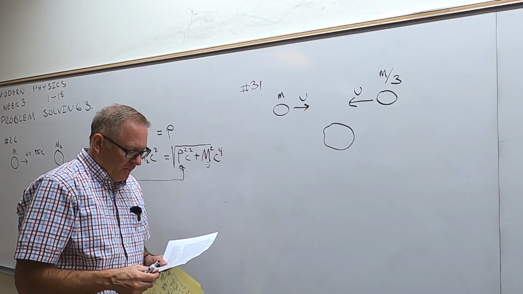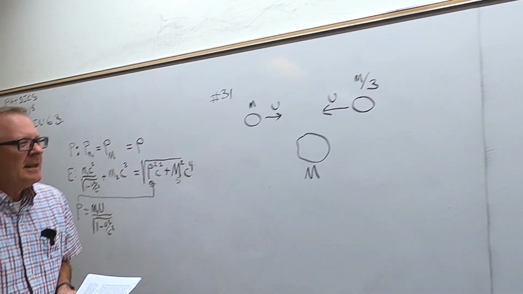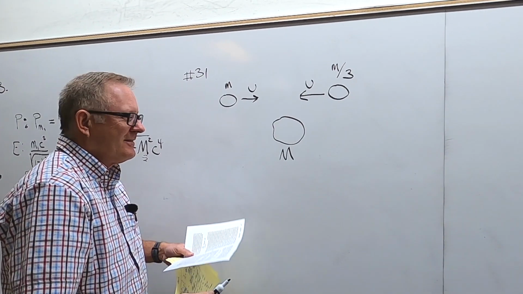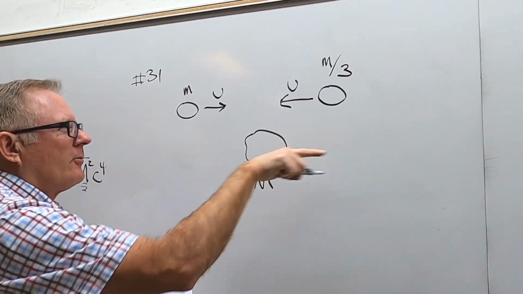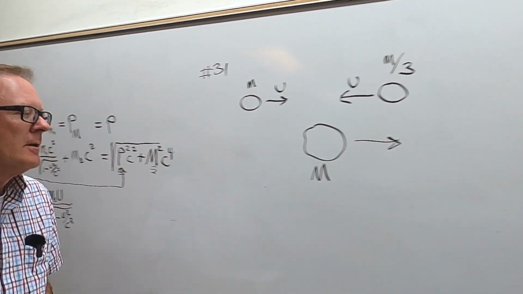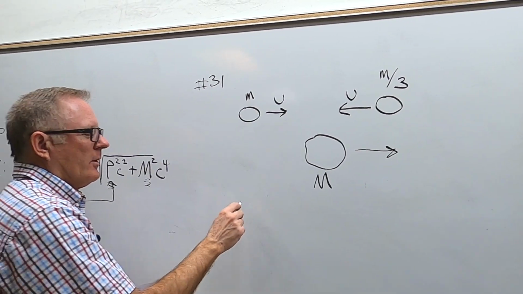And what do they want? We want, what is the mass of this right here? Now, these two momentums aren't the same, so this thing is not going to be at rest afterwards. It's going to be moving, looks like in that direction right there. So it's still moving in that direction. Okay, well, again, we can write out the momentum equation.